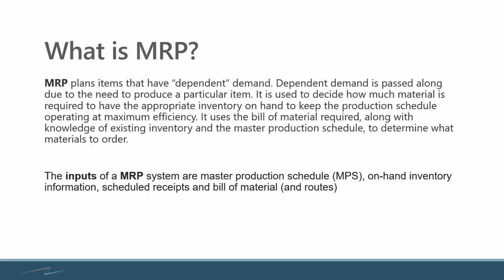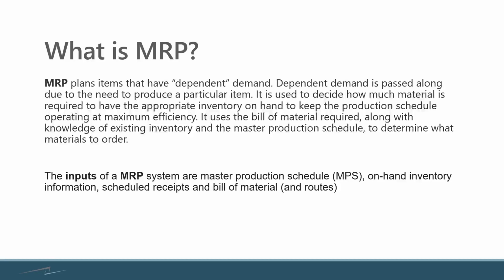This could be a sales order, it could be forecast, it could be demand coming from a different item. I'm trying to drive to appropriate inventory on hand to keep stuff operating with minimum inventory and maximum efficiency.